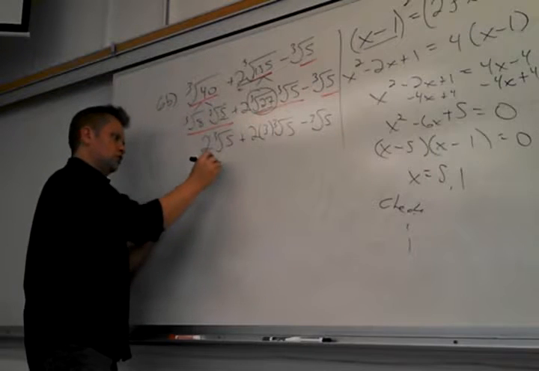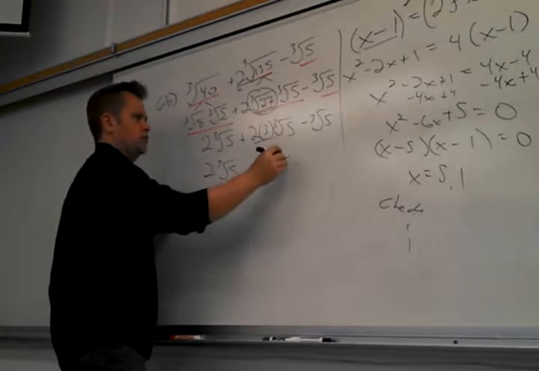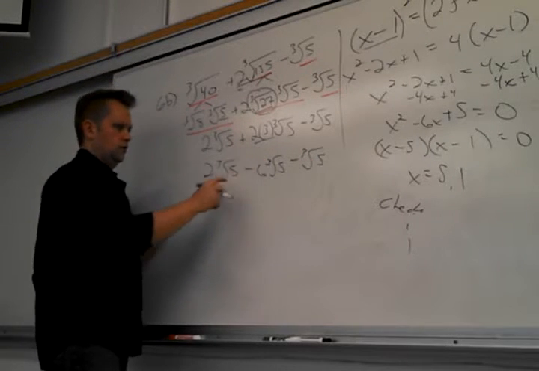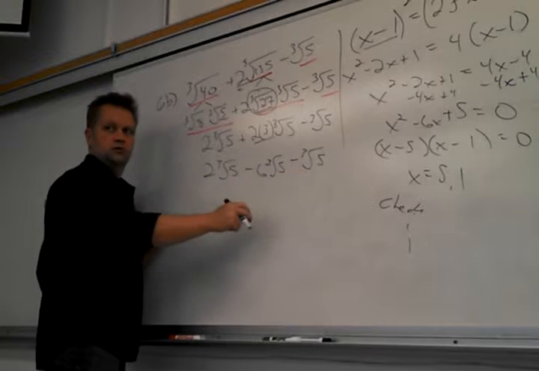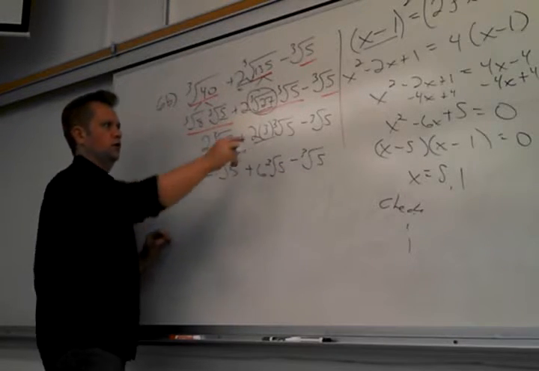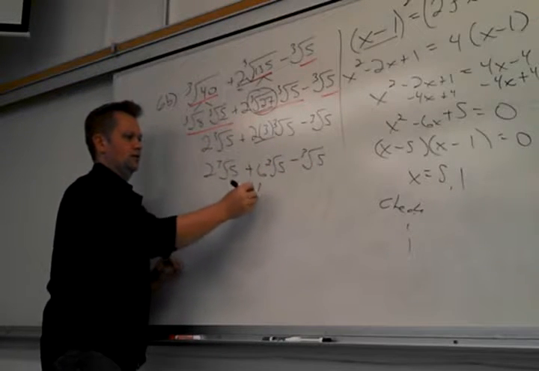So I get 2 cube roots of 5 plus 6 cube roots of 5 minus another cube root of 5, which leaves me with 2 plus 6 minus 1, 7 cube roots of 5.